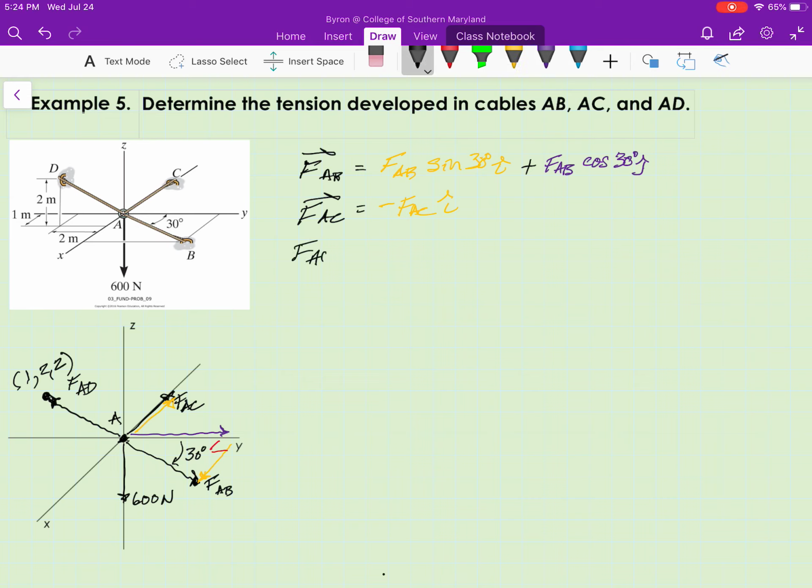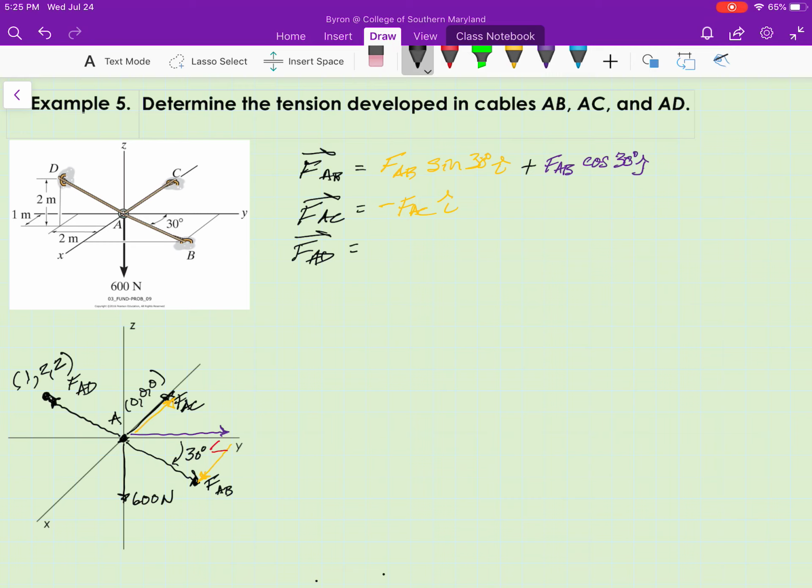FAD is going to be a little more involved. So we know 2 points along the line of action of FAD. Remember that A is 0, 0, 0. So this is a force vector that acts along a known line.